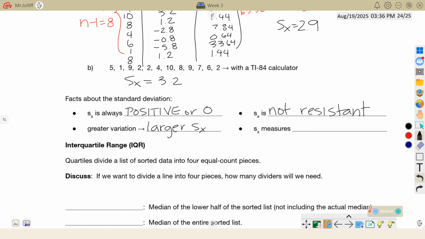The standard deviation measures average deviation. Deviation is a word in statistics to make statisticians feel smart. Deviation is just our distance from the mean. That was the x minus x bar that we had in our formula.